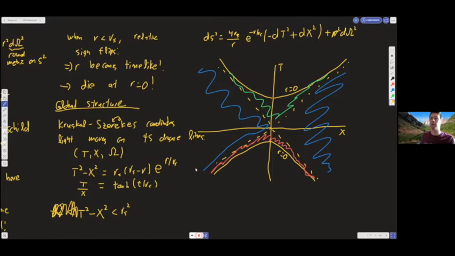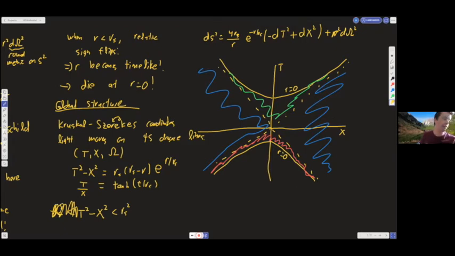Now, the amazing thing is that if you take x to be large, either large and positive or large and negative, r becomes large. What that means is that this geometry actually has 2 regions that look like flat space.